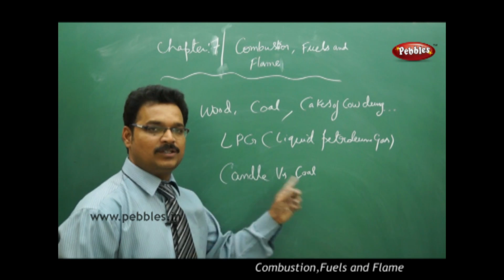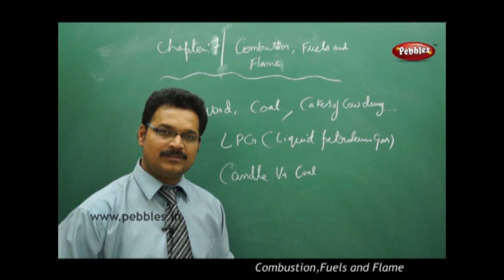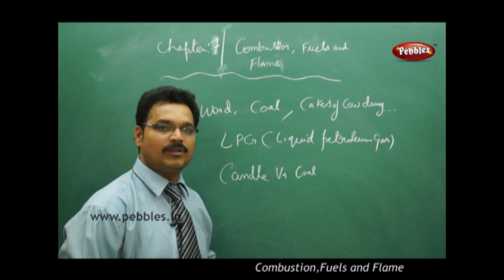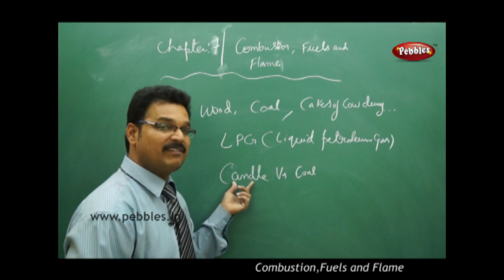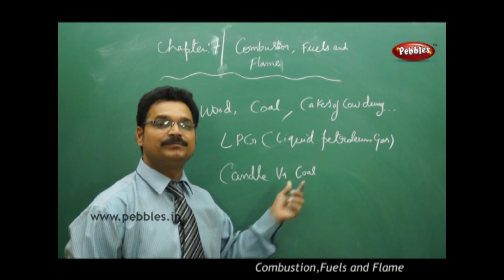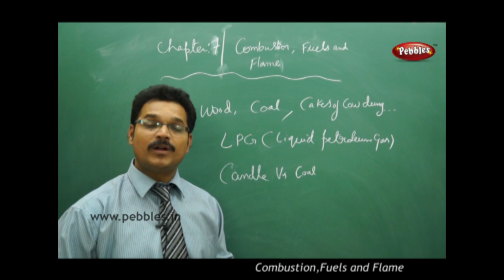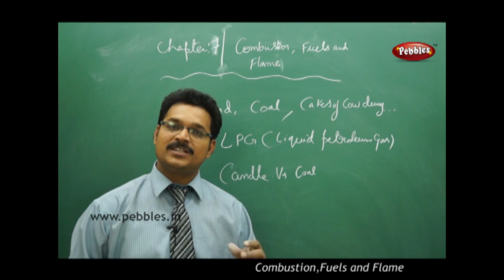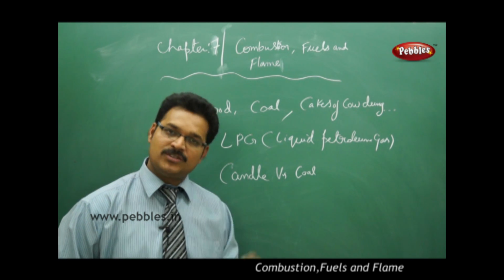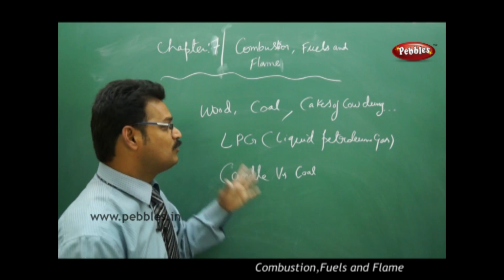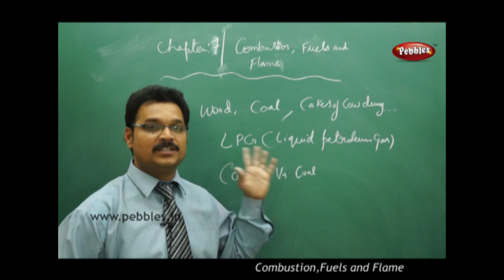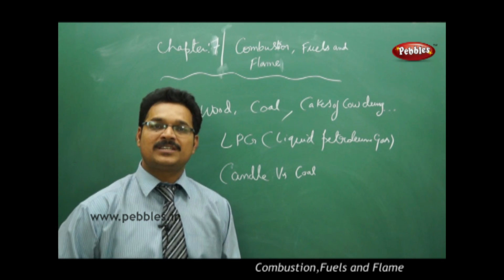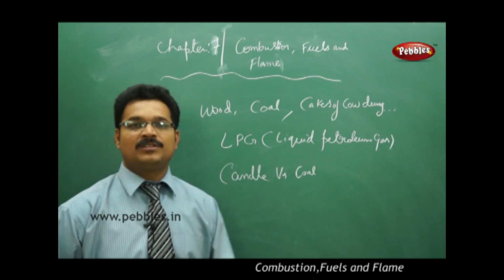In both cases, you're doing a burning process: burning of the wick in the candle and burning of the coal. But here we are getting flame, and here there is no flame. Why? What is the difference between them? To answer all these questions, we have to learn all the concepts in this chapter. Let us start to discuss the combustion process.